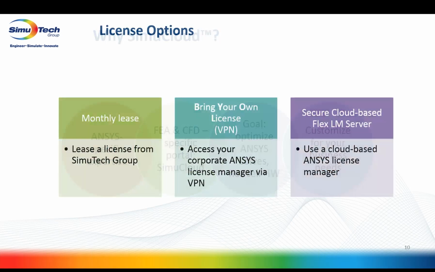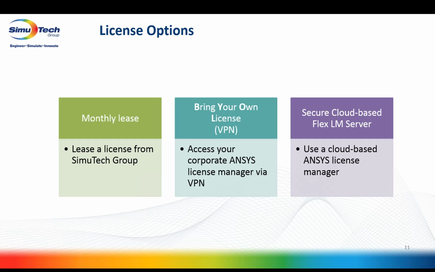Another one of the really key questions we get is, what are the license options? How do I have a license, how do I get that out on the cloud, or my license expired, how do we do that? So there's a couple ways to do that, and really it's a monthly lease. This is one way: if you're an Ansys Direct customer, you can get a lease from Ansys Direct as low as 1 month leases.